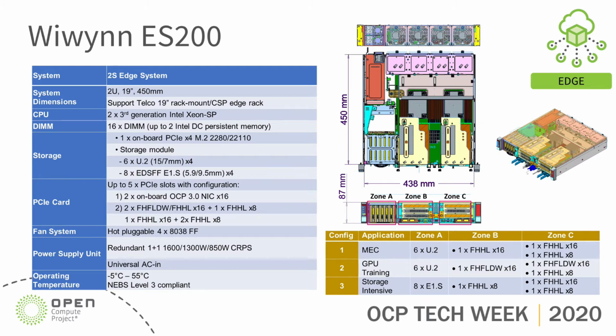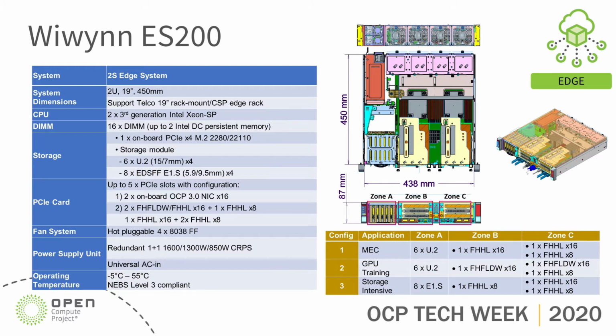In the storage, we design one onboard PCIe x4 M.2 with form factor 2280 or 22110. For additional storage modules, we will support 6 U.2 or even 8 pieces of EDSFF E1.S form factor SSDs. In the PCIe expansions, in the board design, we will have 5 PCIe slots.